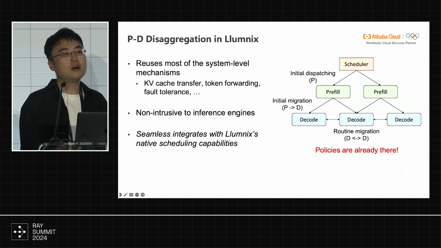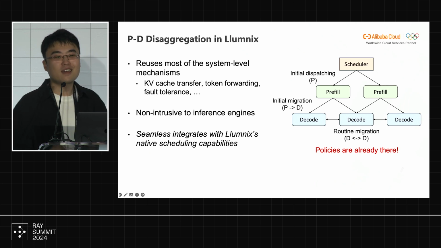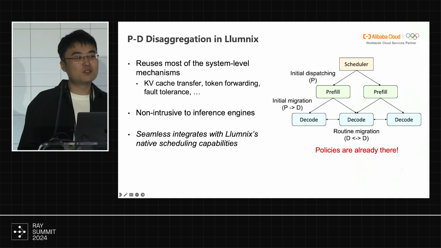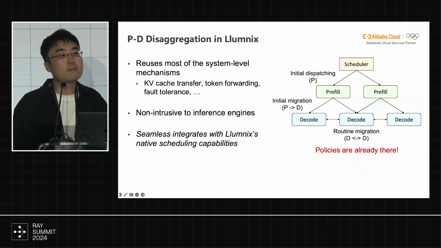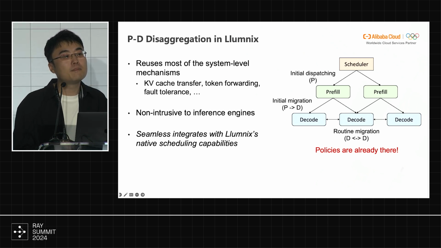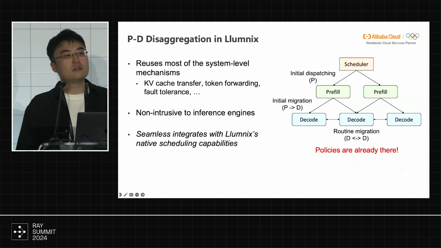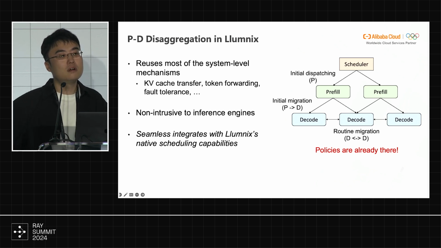Does that make sense? Sorry, I don't quite understand. So you might have a mix of requests, where some might have an SLO where they need a minimum ITL, and for that you might need to restrict the batch size, so how many decode requests you have in a batch on a particular instance, and others might not. I was wondering if the scheduler can take those kinds of things into account.